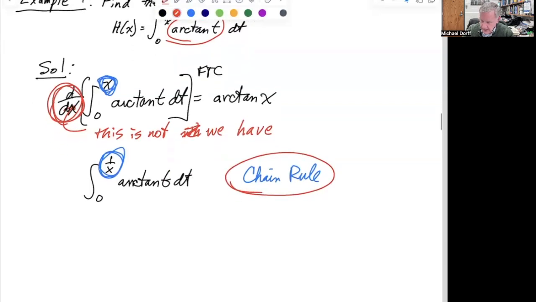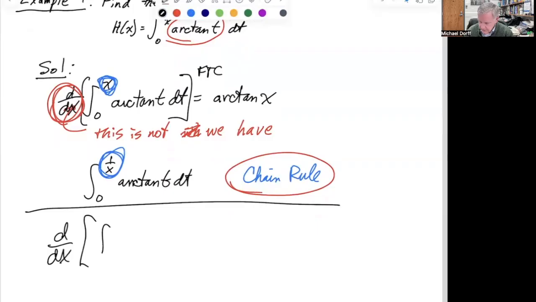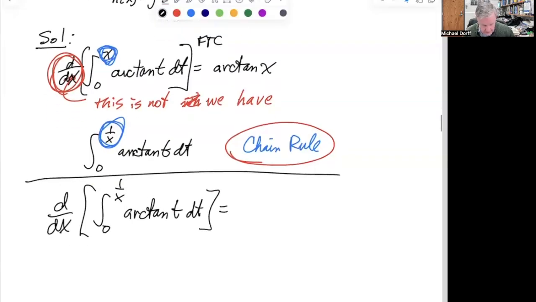So how does that work? I'm going to take d dx of the integral from 0 to 1 over x of arctan of t dt. By the fundamental theorem of calculus, what I get is the arctan of, whoops, not x, let me go back.